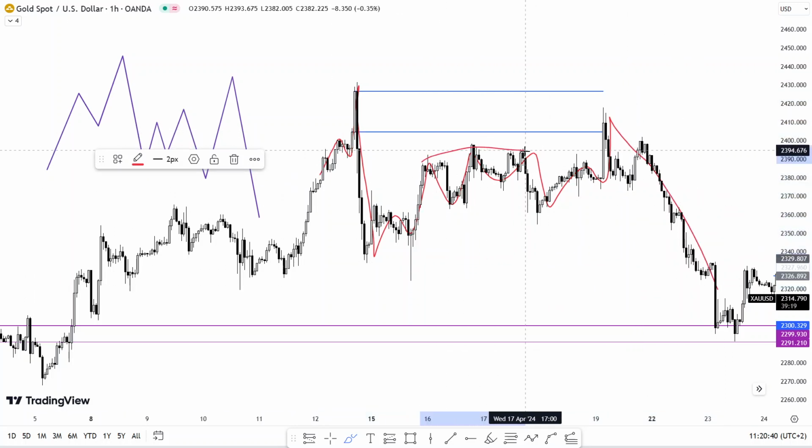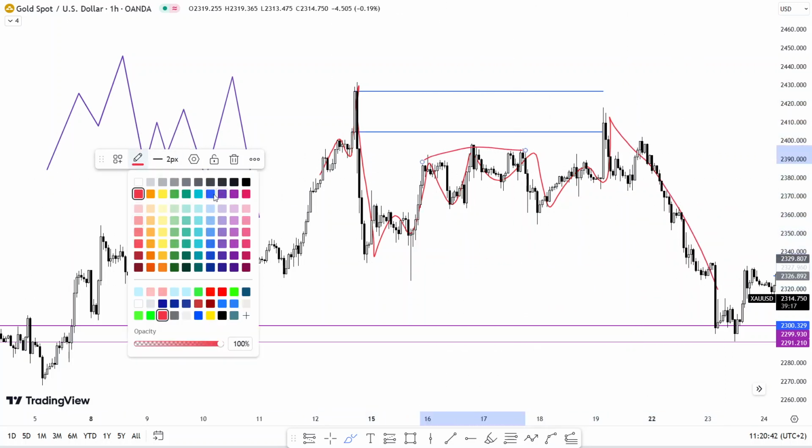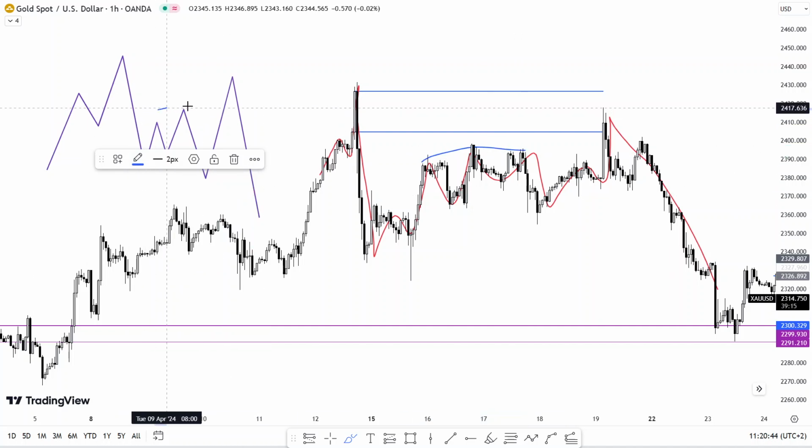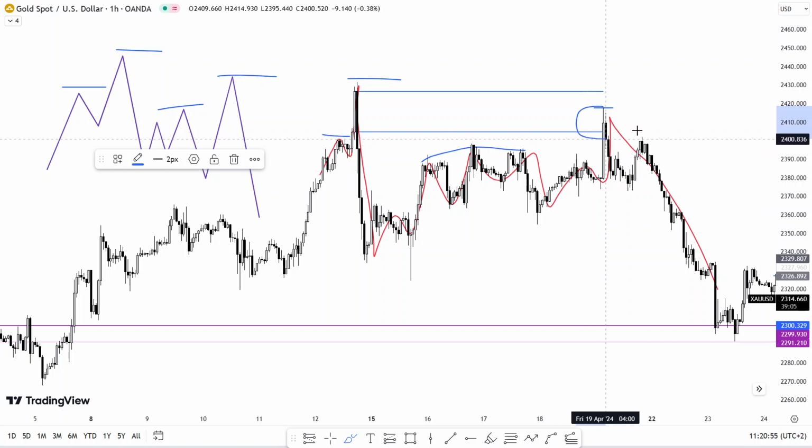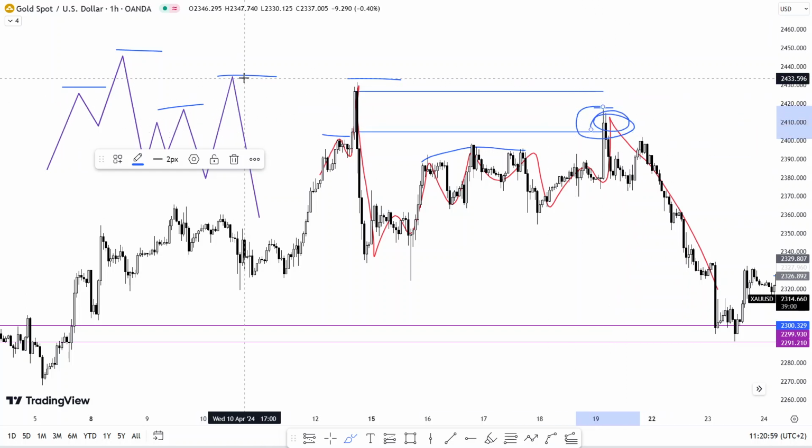At this area right here, I'm gonna change the color right now as this one. This leg is this one, this leg is this one, this leg is this one. But the importance of us knowing where it's going to sell off will give us an idea of where this leg is going to end.